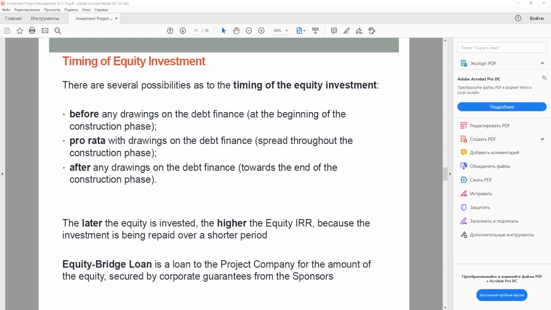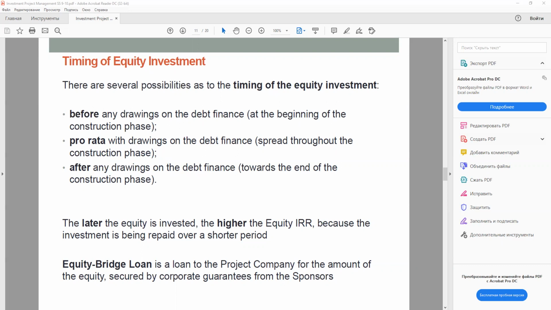And we have a very specific facility called an equity bridge loan for investors who want to squeeze the maximum IRR benefit out of the timing of their cash equity investment. An equity bridge loan can be provided by lenders. This is a loan to the project company for the amount of equity, secured by corporate guarantees from the sponsors.